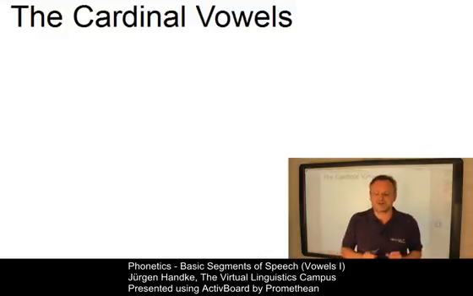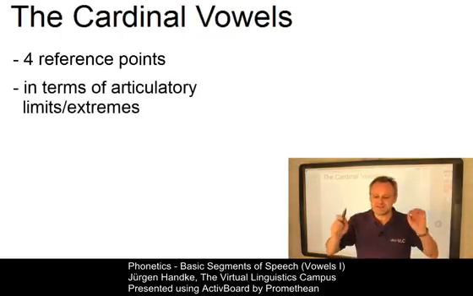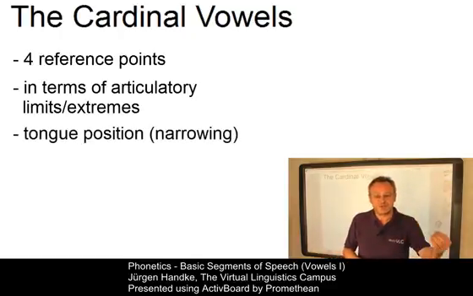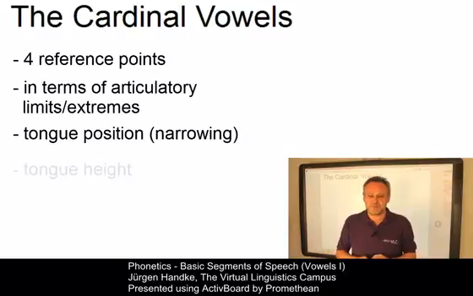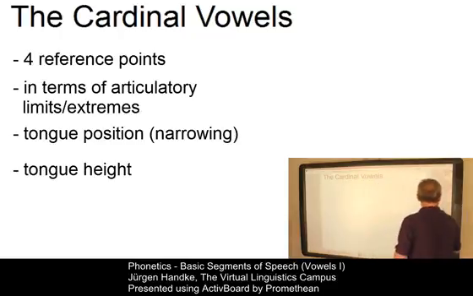The cardinal vowel chart defines 4 reference points in purely articulatory terms, representing the extreme limits of possible vowel quality. These limits depend on the tongue position, that is, where in the mouth the tongue creates some sort of narrowing, and on tongue height. Hence we can define 4 extremes.